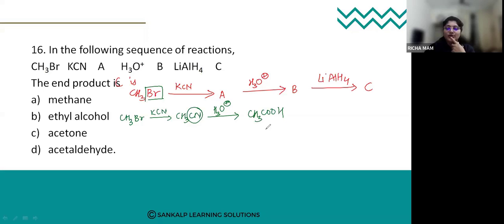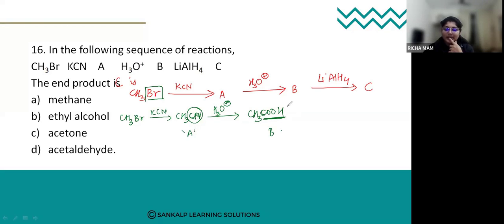Your cyanide group will form the carboxylic group, so you are going to get acetic acid. That is your carboxylic acid, COOH. So this is your B.